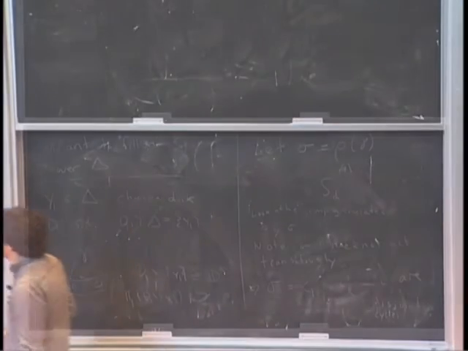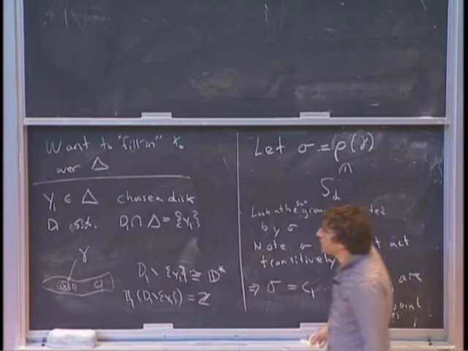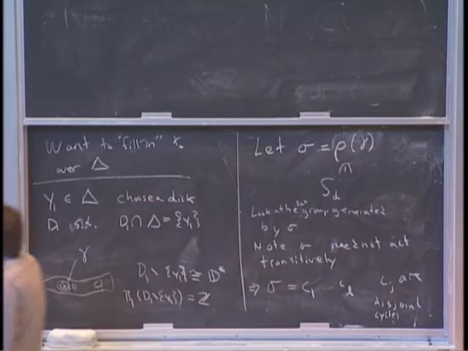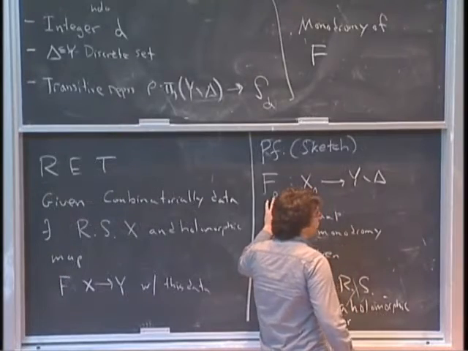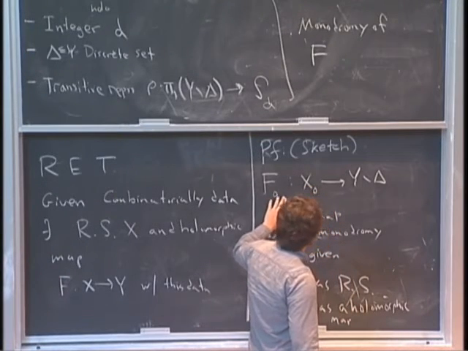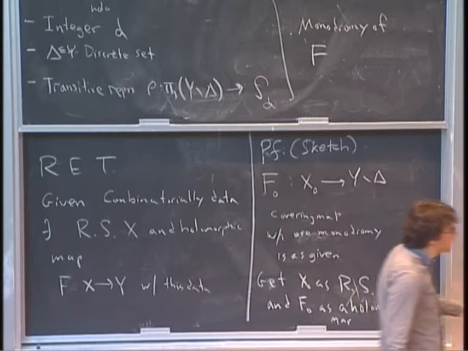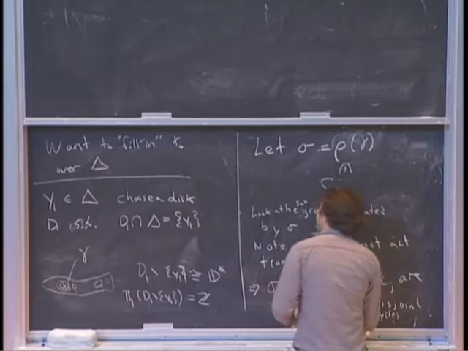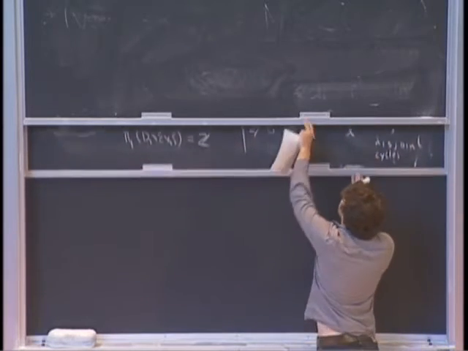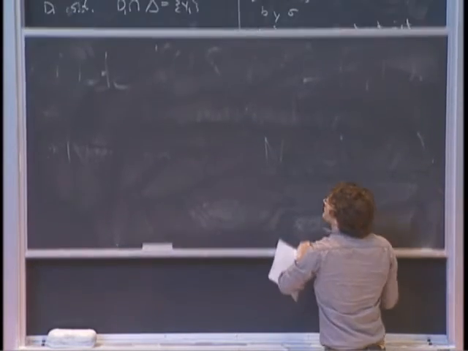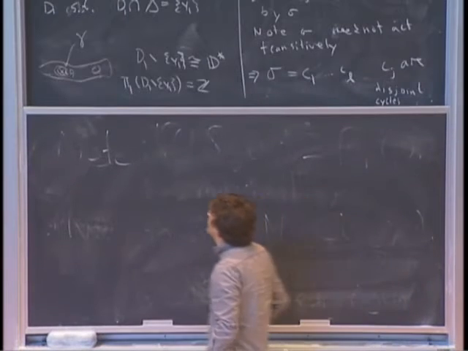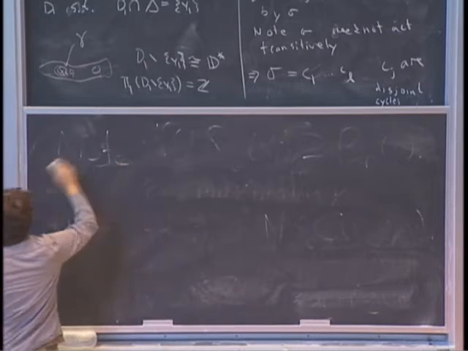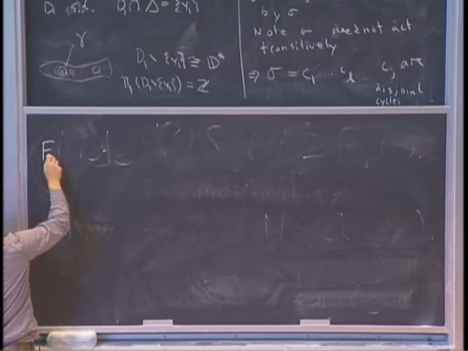Okay, so then you should try and convince yourself that what this means in terms of the preimage of D1 minus the point under F0 is that each of these cycles corresponds to a component of that.